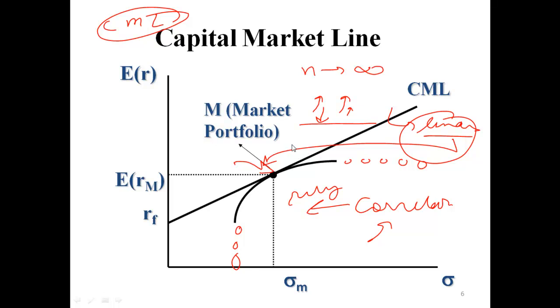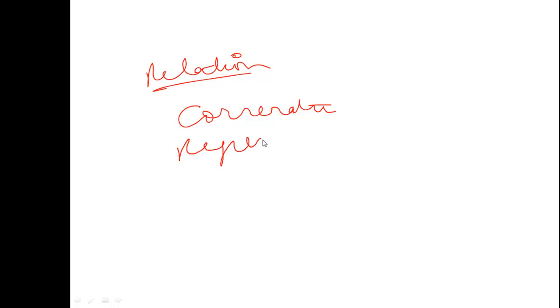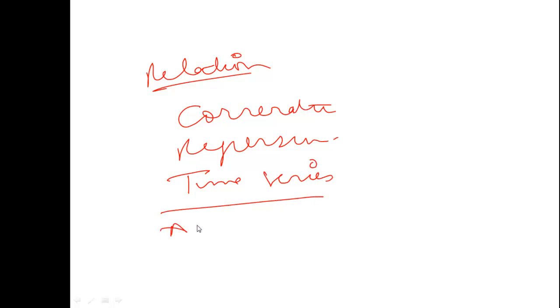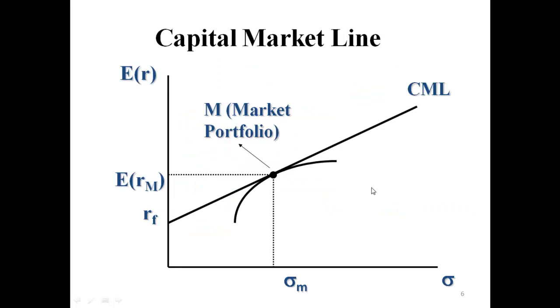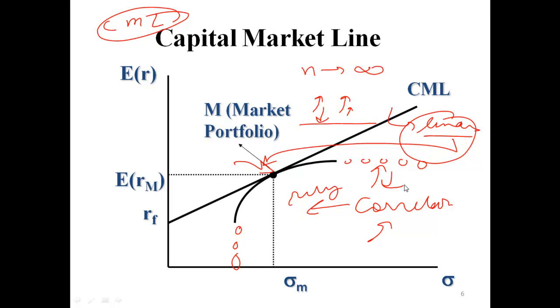Okay, before I move ahead, let me clarify just two more things. If you were to find out the relation between movements of two securities, we can use correlation, or we can use regression, or we can use time series, or we can use more advanced adaptive models, which are neural network, case-based reasoning, etc. In a very simplistic way, we use correlation here to find out, like, if one security goes up, the other goes down, and so on.